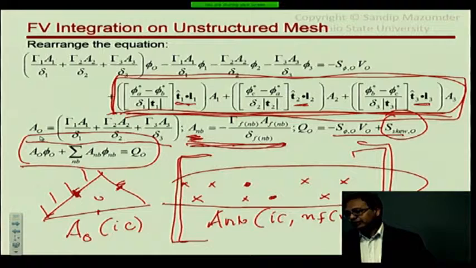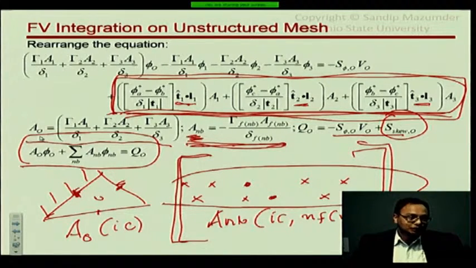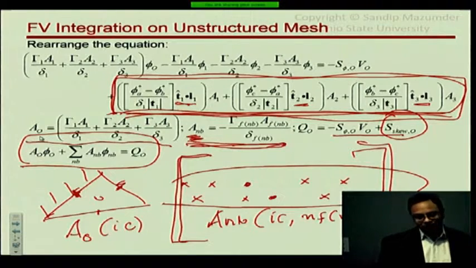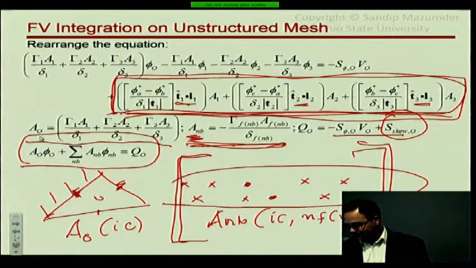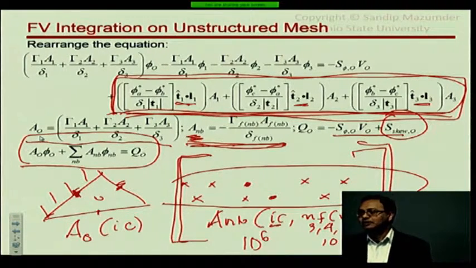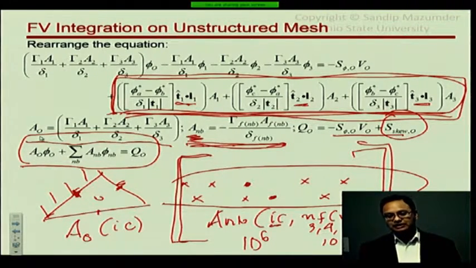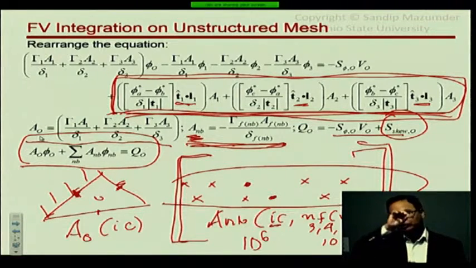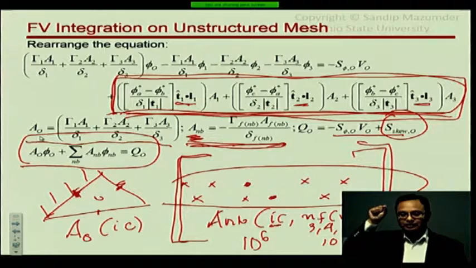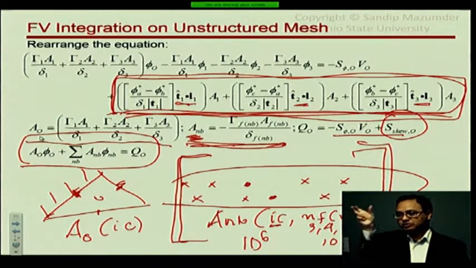Now, depending on the computer programming language you use, there are programming languages which will allow you unstructured data structures. In other words, if you imagine this array is of length, let's say, 1 million cells. Now, this other dimension could be either 3, 4, 5, or 10, depending on how many neighbors the cell has. There are programming languages like C, C++, or even Fortran 95 which will allow you this unstructured data structure, which means that for IC equal to 1, you may be able to just allocate 3 slots.